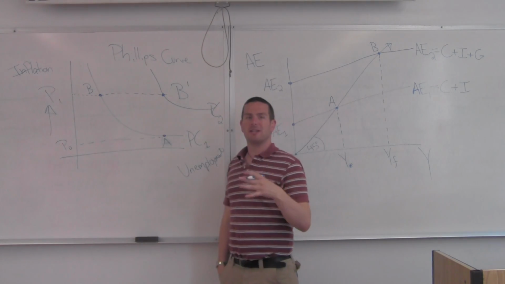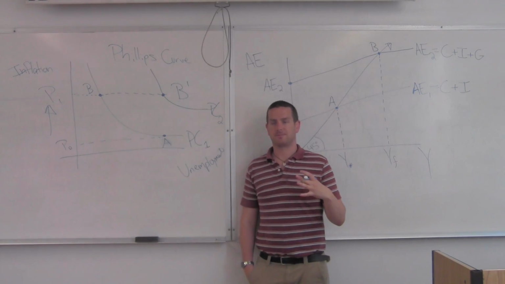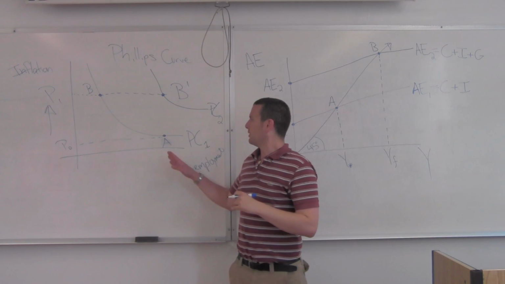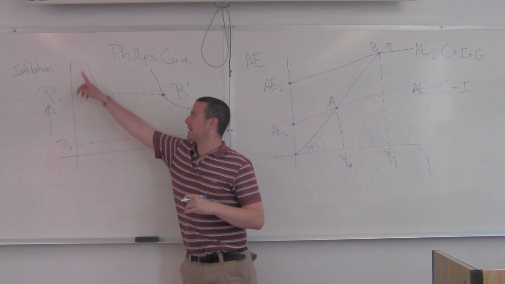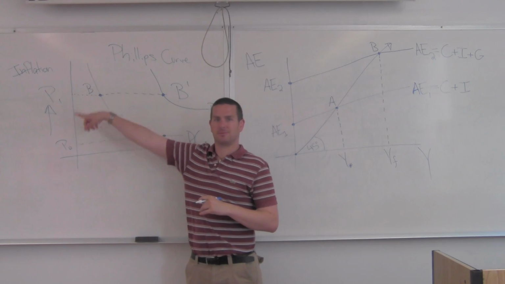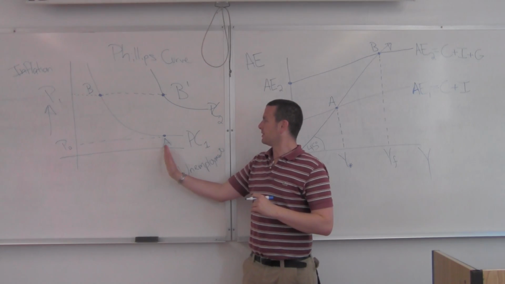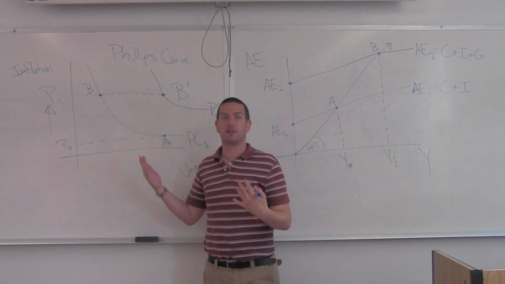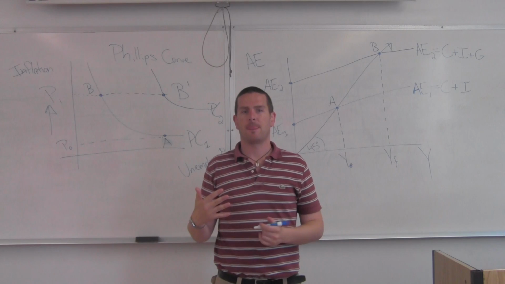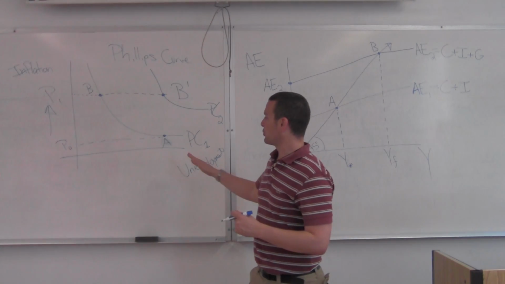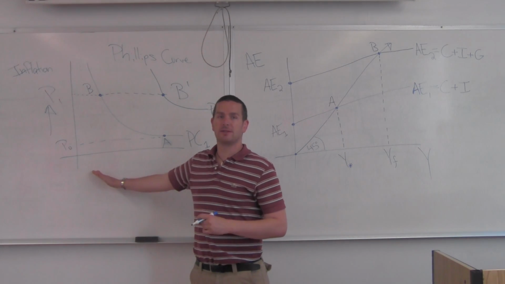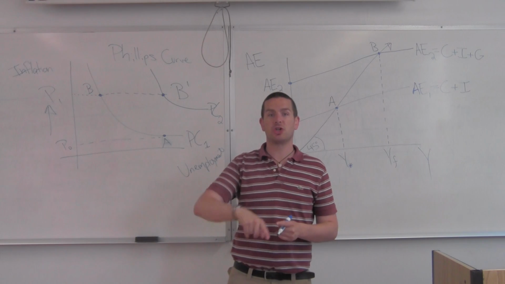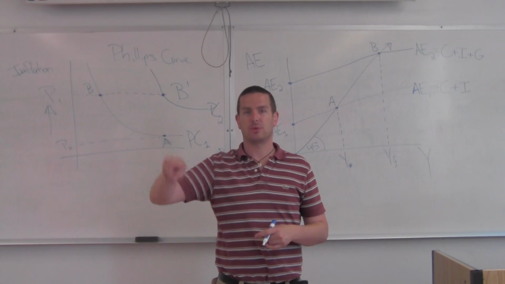Maybe some of you can already see where we're going with this. No matter what level of prices, the conclusion you reach, at least in the Phillips curve discussion, is that if you try to lower unemployment, what that will do is push up prices. Okay?